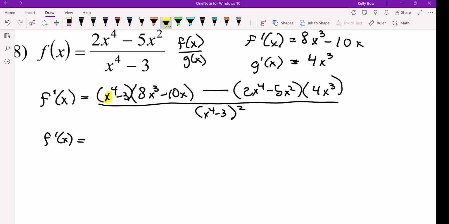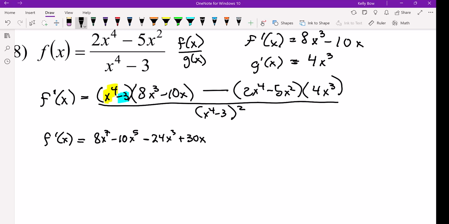We're going to do the first distributive on those 3 things. So that gives us 8x to the 7th minus 10x to the 5th. And then we're going to do the distributive with negative 3, so negative 24x cubed plus 30x.